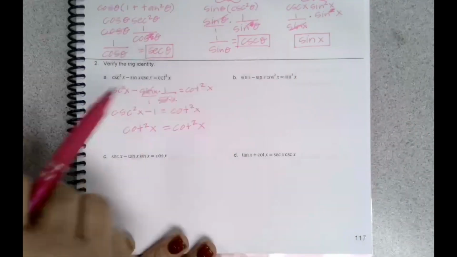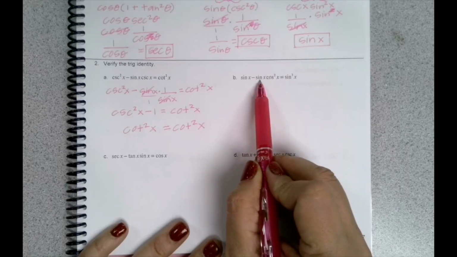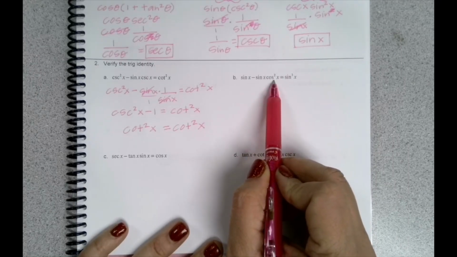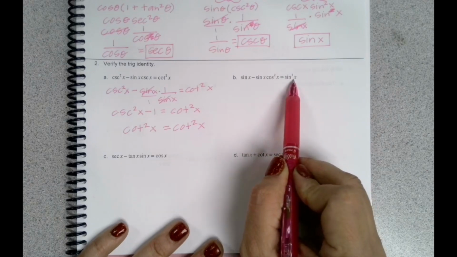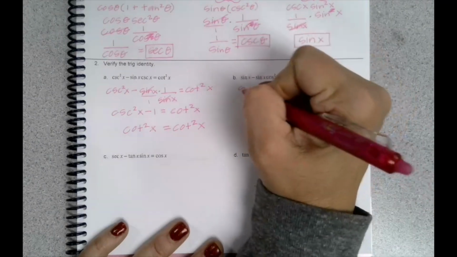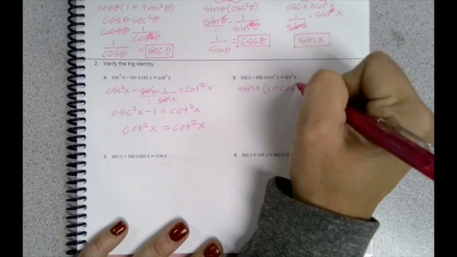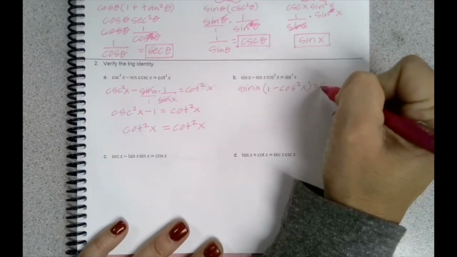Okay, moving on to this one right here. So I have a sine x and a sine x, and then I have a cosine squared x here. There's lots of things that you can do. You're trying to get to sine cubed. And in this one, I see 2 sines. So if I factor out a sine, then I would have 1 minus cosine squared x equals sine cubed x.